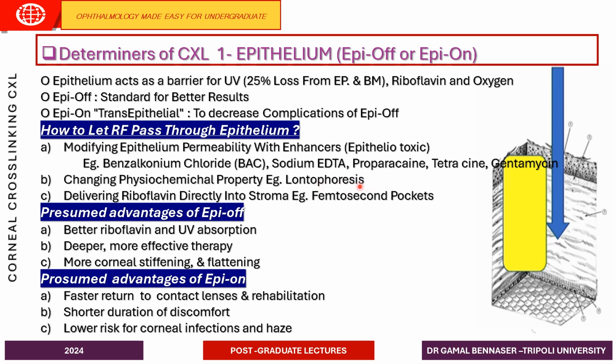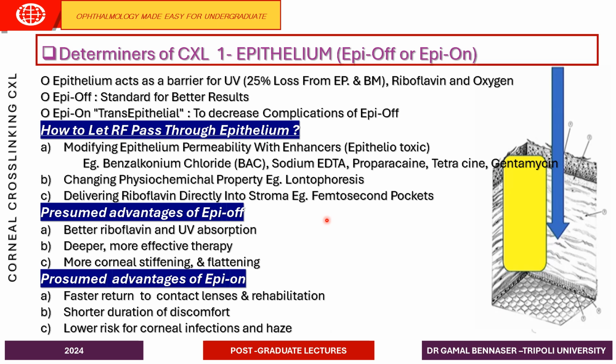Also by delivering the riboflavin in different concentrations, reaching up to 20 and 22%, or by direct inoculation of the riboflavin into the stroma, bypassing the epithelium, as happens in the stromal pocket done with the femtosecond laser during the SMILE procedure. All these procedures are done to enhance the absorption of the cornea for the riboflavin.